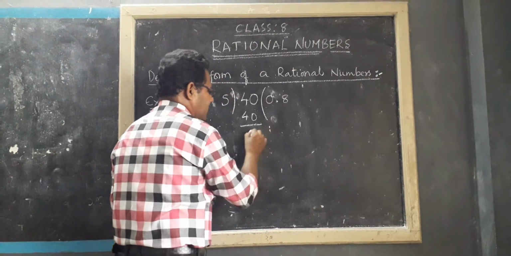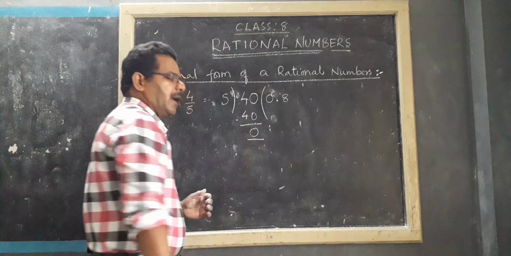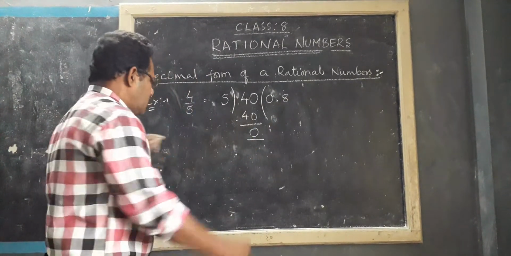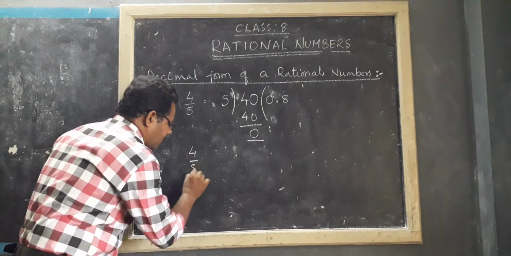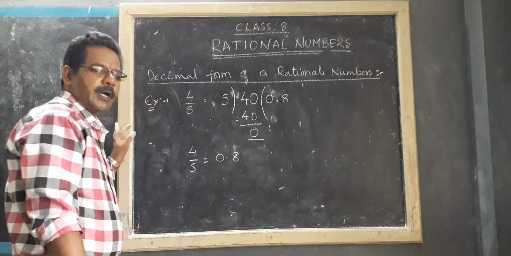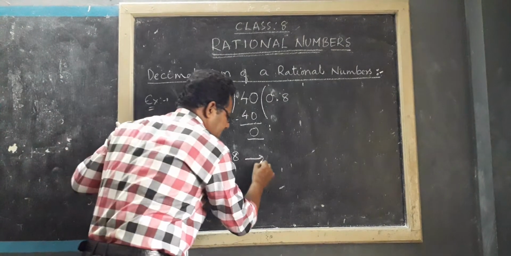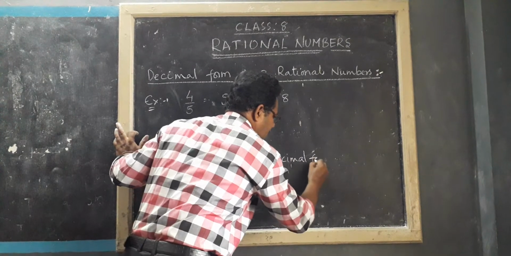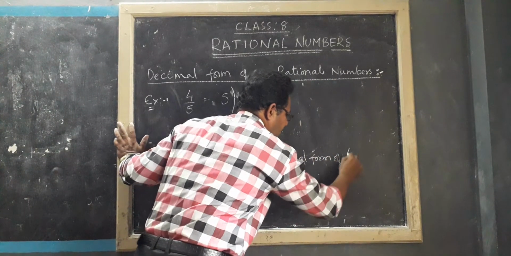So 40 minus 40 is equal to 0. The remainder is 0 and the quotient is 0.8. So we can write the fraction 4 by 5 in the form of 0.8. 0.8 is called the decimal form of 4 by 5.